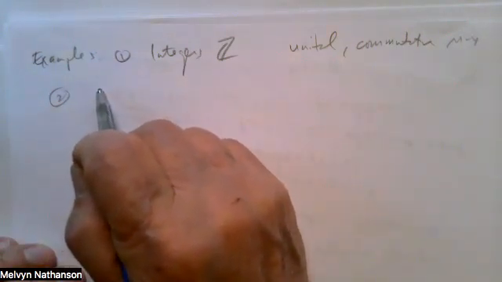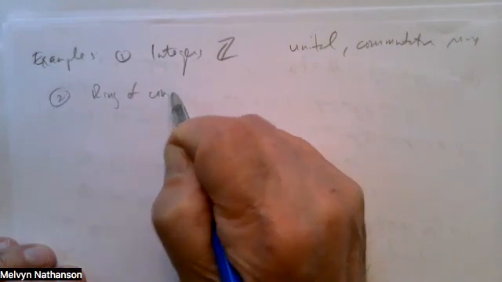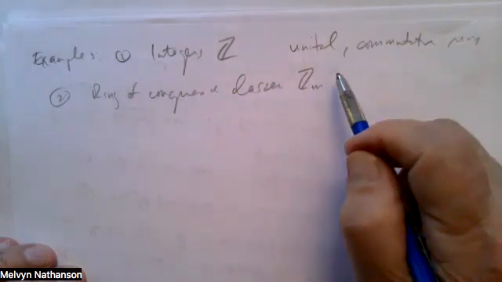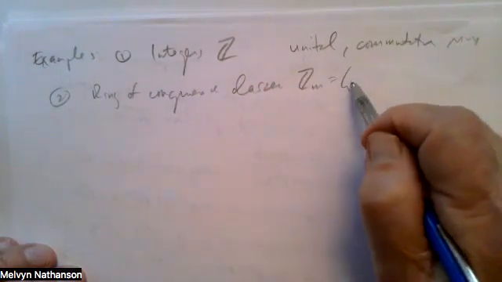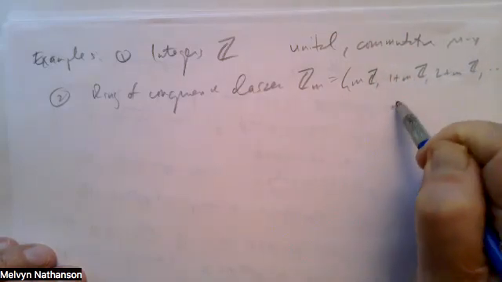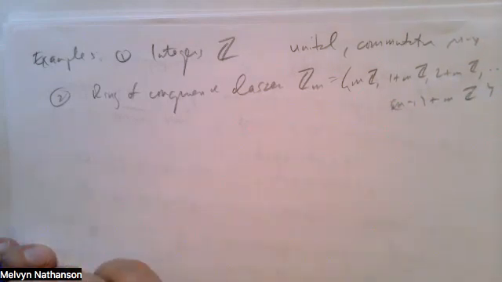And similarly, the ring of congruence classes, Z_m, so this is all the congruence classes, is unital and commutative also.